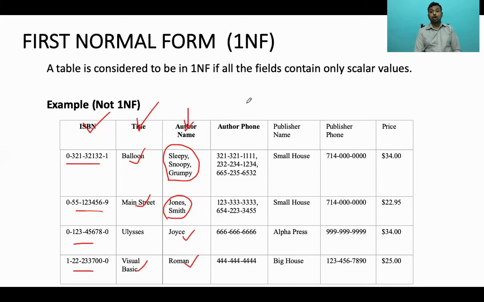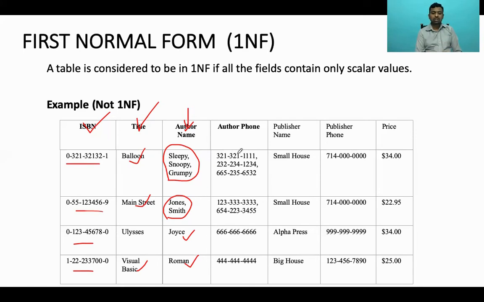Now, when I say author phone, you cannot say that one person holds only one phone number. One person may have two phone numbers. Another person may have three phone numbers. You cannot stop them. And moreover, here we have three authors, and everyone will have at least one phone number. You cannot say there is only one phone number for the entire book.